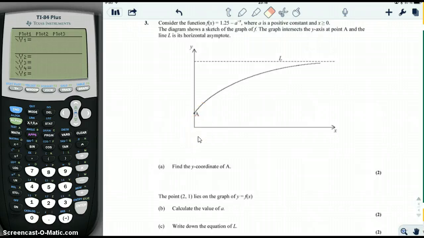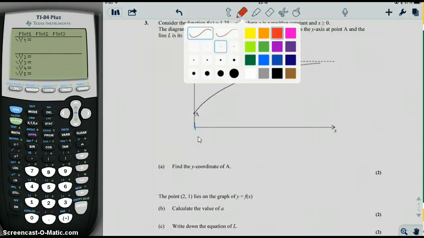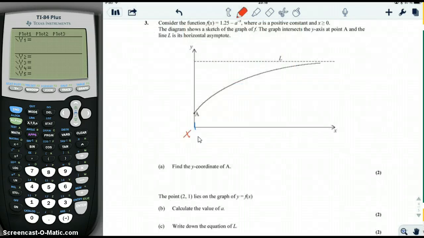The big clue with A is that A is located at x equals 0, right? When x is 0, we'll put 0 in here.